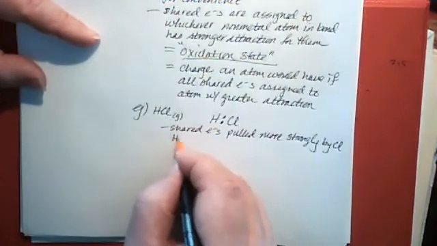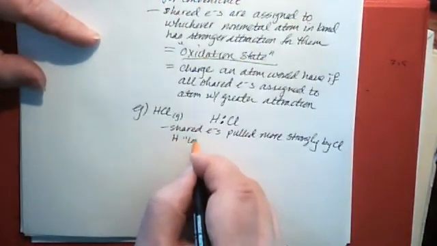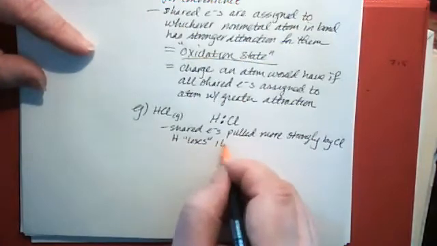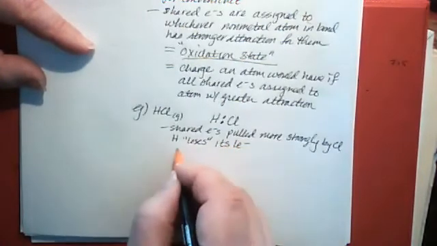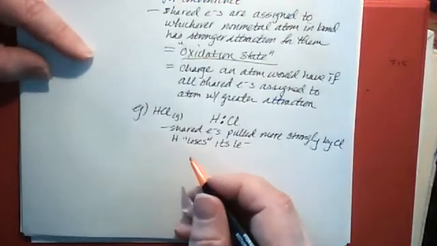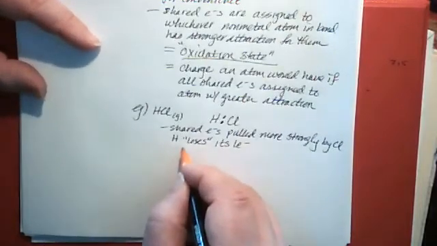And so hydrogen basically loses its 1 electron. And so the hydrogen is assigned an oxidation state of +1.